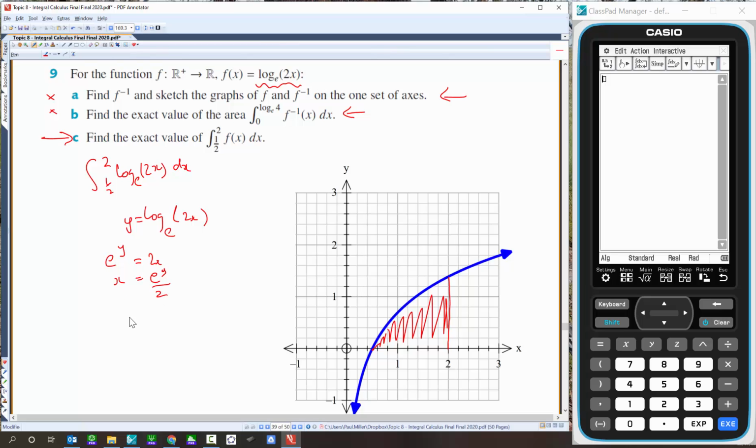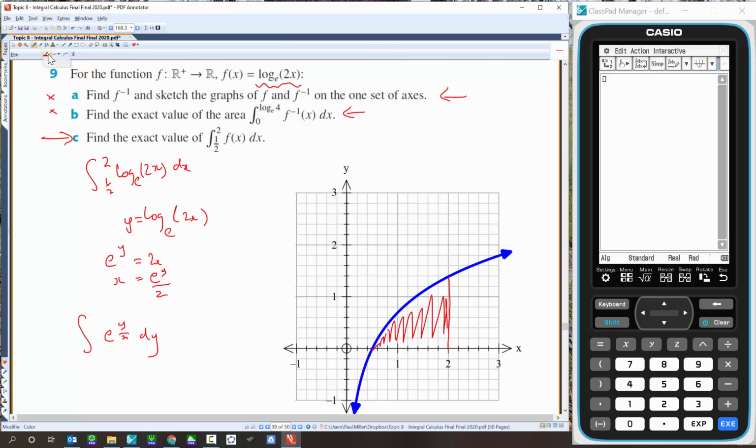Well, if you can understand what I'm about to do, let's just consider that. If I integrate e to the y on 2 dy, what I'm actually doing is integrating on the y-axis. It's the same function, but I'm integrating for y instead of on the x-axis. So here's an idea.